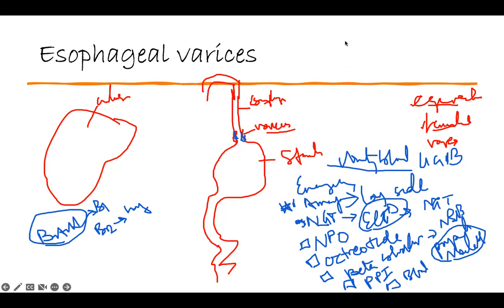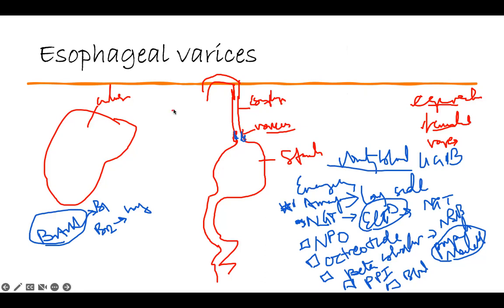Sometimes the bleeding cannot be controlled, but there's something we can do to temporize the bleeding, and it's called an SB tube. This SB tube has three components. Let's see if I can draw it.